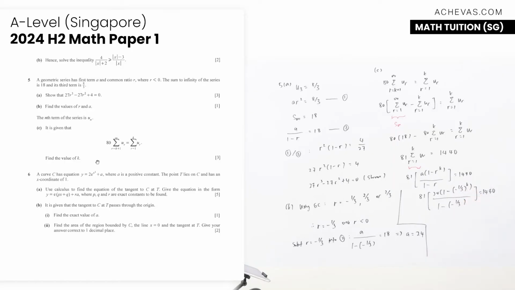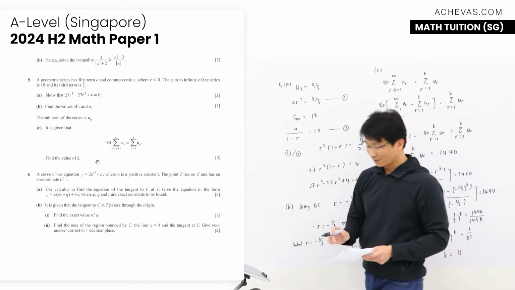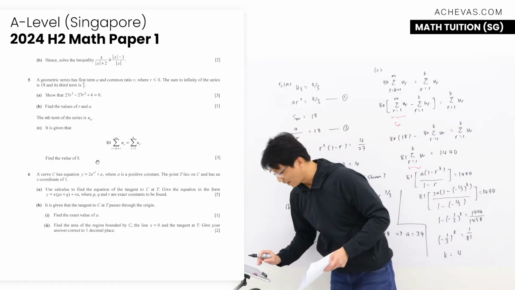We should be able to end up with 1 minus minus 1/3 to the power of k equal to 1440 over 1458. And finally, we get a minus 1/3 to the power of k equal to 1 over 81. And we can solve this easily, which will give us k equal to 4. That will be my answer for my part C for question number 5.